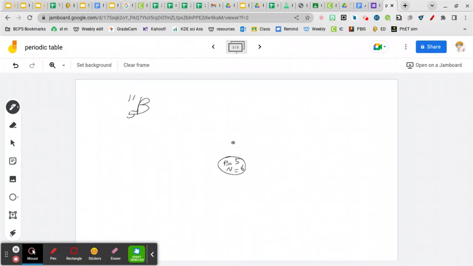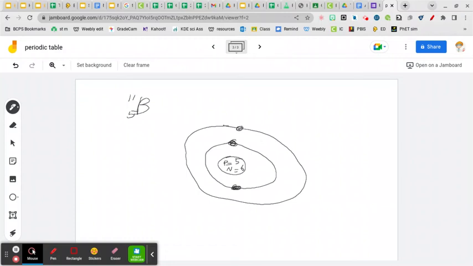Now, energy level 1. Again, there's only an s orbital, so I can only hold 2. There's going to be 5 electrons total, so I'll put 1 here and 1 here, and that level's full. Then I'll go to energy level 2.